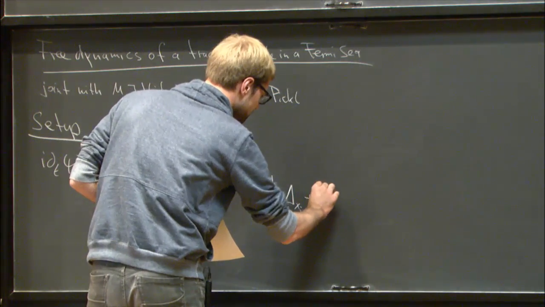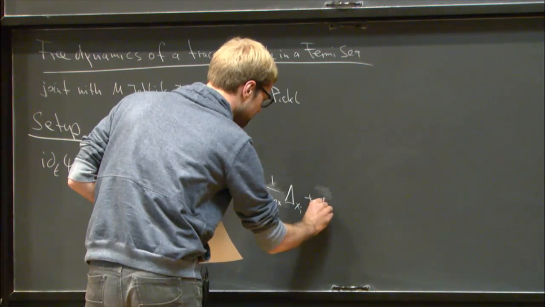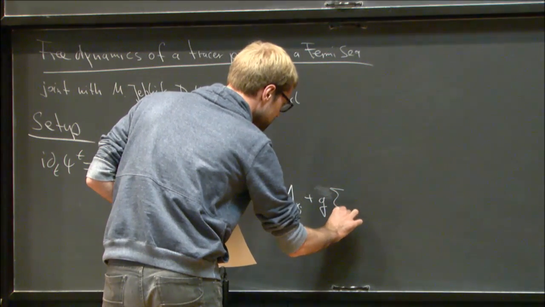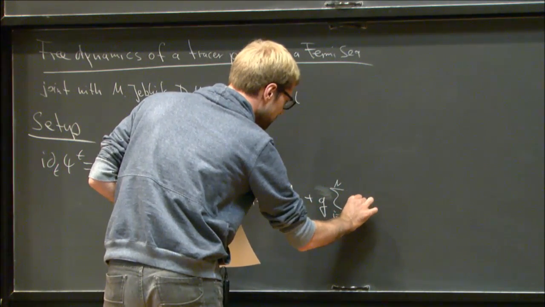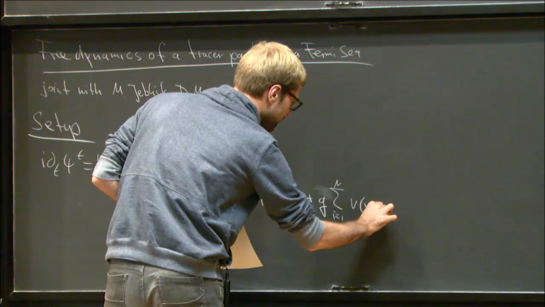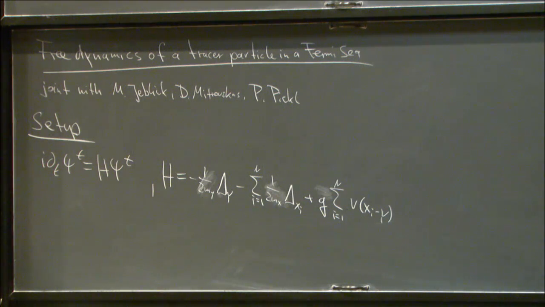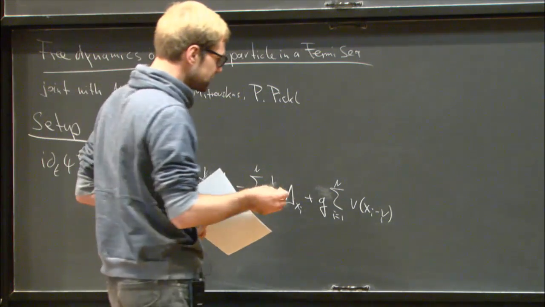And then there's an interaction with, say, some coupling parameter g between the gas particles, so the x particles, and the y particle. So in this Hamiltonian, I neglect the interaction between the gas particles, and I only have interaction of this one test particle or tracer particle or extra particle with the x particles, which I also often call the gas particles.